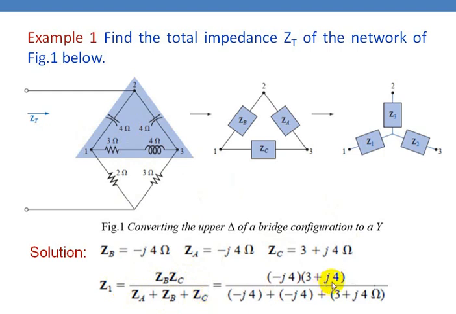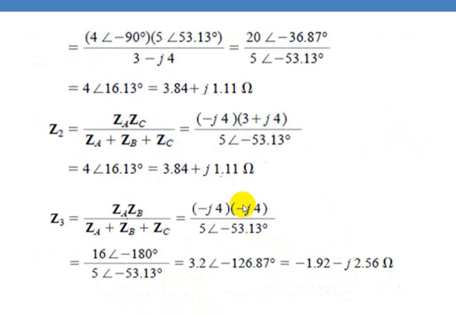If you substitute, you will get the value of Z1, that is 3.84 plus J1.11 ohms. Similarly, find Z2 using the formula ZA ZC divided by ZA plus ZB plus ZC. You will get 3.84 plus J1.11 ohms. Then similarly find Z3, you will get this value as minus 1.92 minus J2.56.